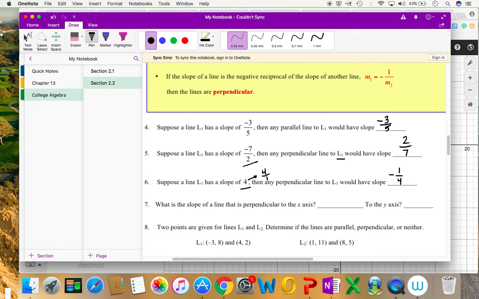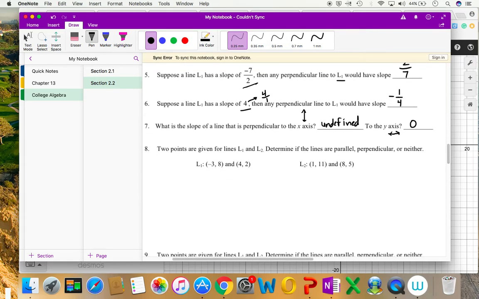What's the slope of a line that is perpendicular to the x-axis? Well, anything perpendicular to the x-axis would be a vertical line, right? And we know that that slope is always undefined. What about to the y-axis? Well, any line perpendicular to the y-axis is going to be horizontal, so my slope would be 0.